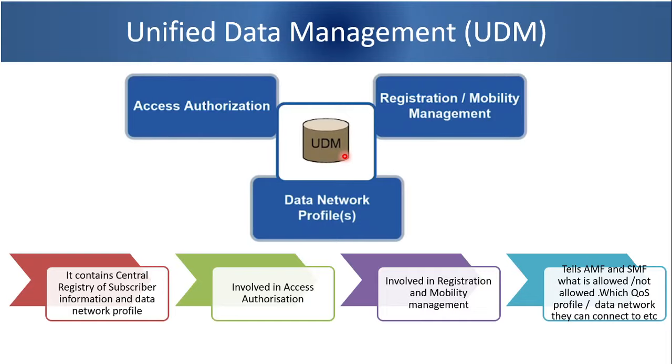All that provisioning is done in UDM, and UDM knows that. So it tells AMF and SMF accordingly to take care of that. So this is the function of UDM. I'll also give you some structure of how data is stored in UDM in upcoming slides.